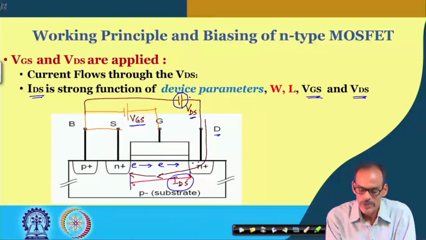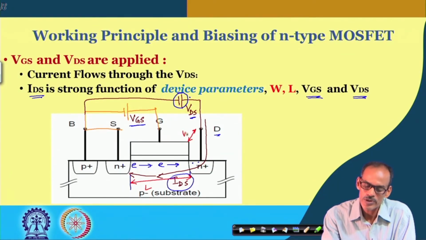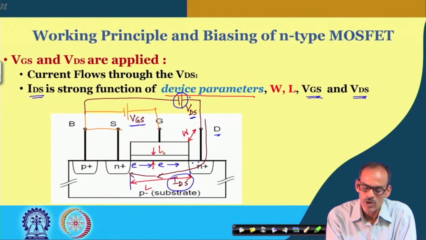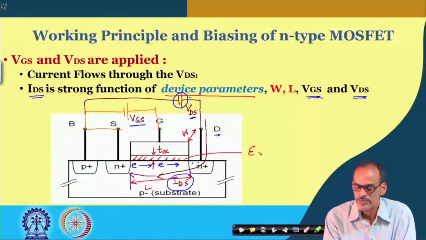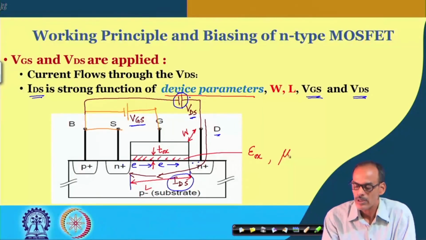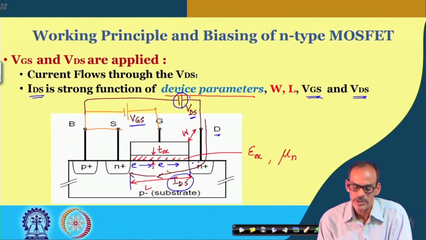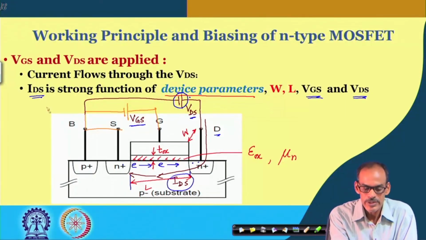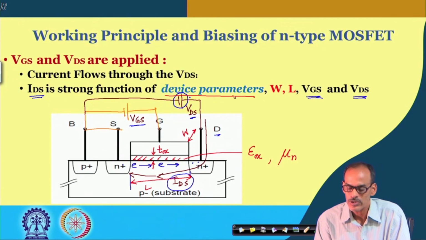It is a strong function of the other geometry, namely the width of the device, and also of the device parameters, which include the thickness of this oxide, referred to as T ox, the dielectric constant of this portion, referred to as epsilon ox, and of course, the mobility of the electrons in the channel region. That is what I said: IDS is a strong function of all these things.